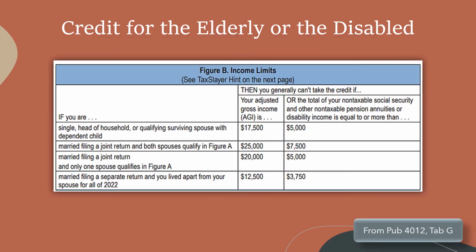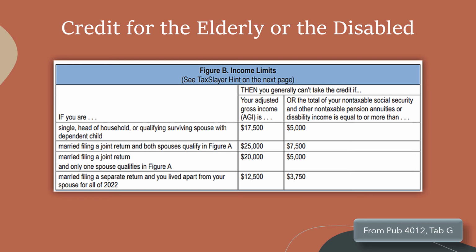And here are our income limits, and as I said, they're pretty low. If somebody is single, head of household, or qualifying widow or widower with a dependent child, and their adjusted gross income is $17,500 or over, they don't qualify for the credit.